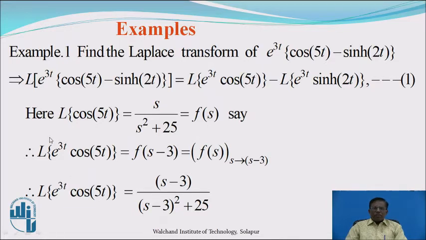Now by first shifting theorem, Laplace transform of e^(3t) into cos 5t is obtained when we replace every s by s minus 3 in Laplace of cos 5t. So we get Laplace of e^(3t) into cos 5t is equal to (s minus 3) upon (s minus 3) square plus 25.